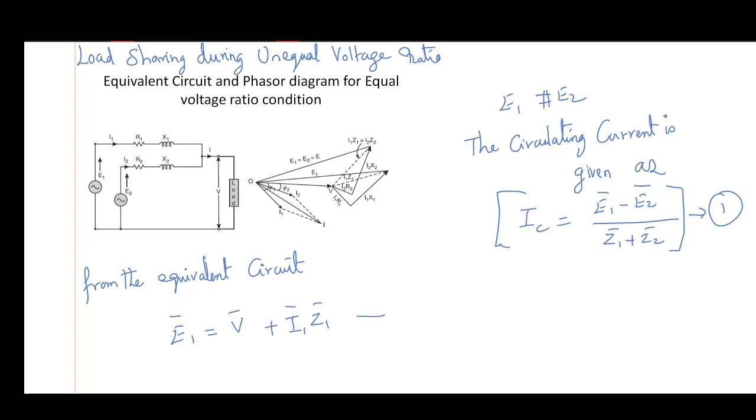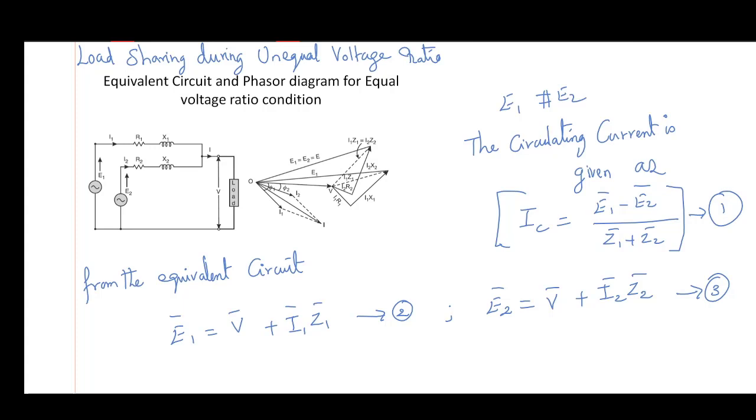Take it as equation 2. Similarly, E2 vector is equal to V vector plus I2 vector Z2 vector. Take it as equation number 3. Under this condition, we are going to derive the current flowing through each transformer.